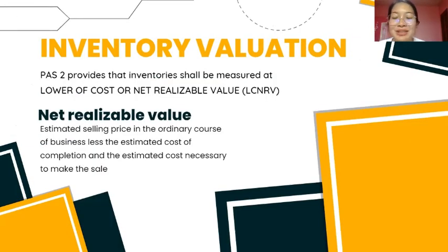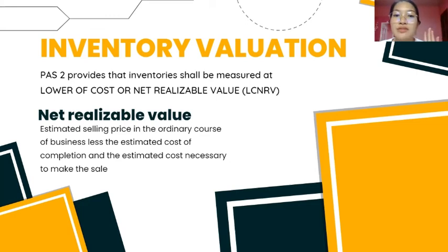Okay, last but not the least, inventory valuation. PAS 2, or the Philippine Accounting Standards, provides that inventory shall be measured at the lower of cost or net realizable value. We have already computed the cost.